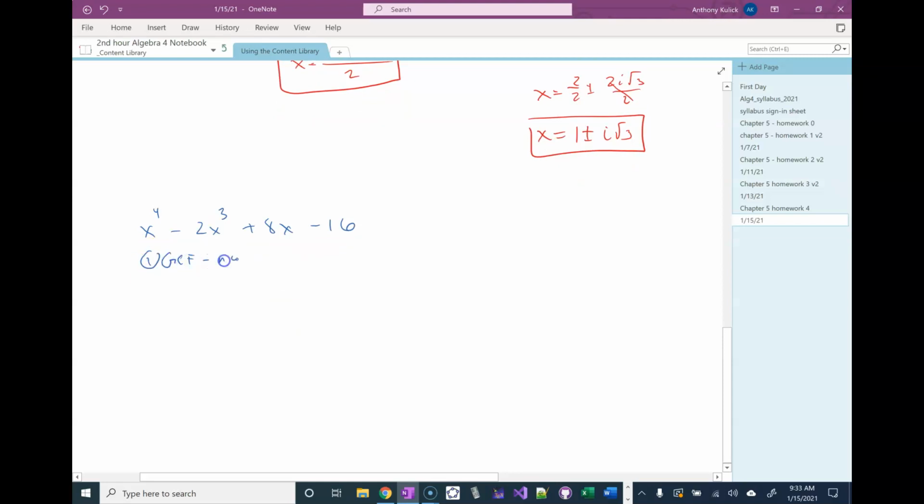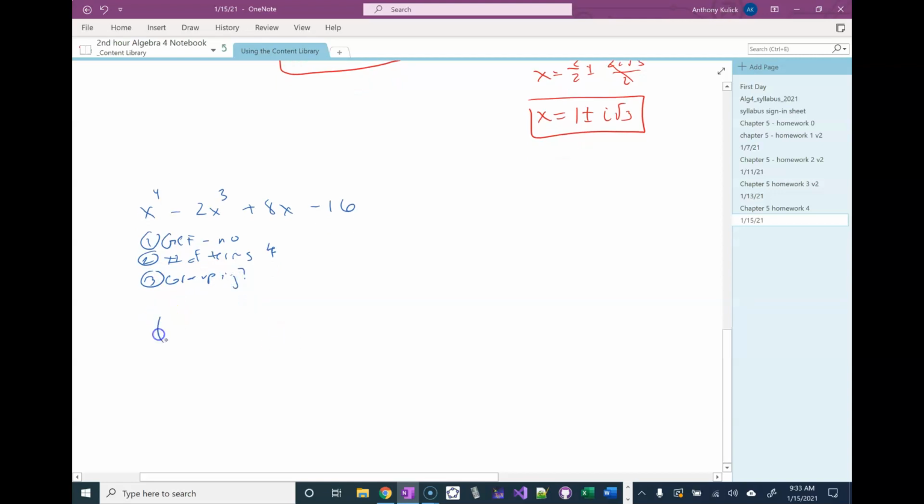Is there one? Nope. Number of terms. There's 4 there. So if I look down the 4-term branch, the first thing we want to try to do is grouping. So let's check that.